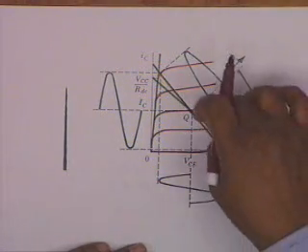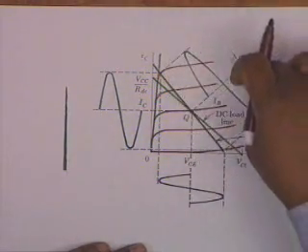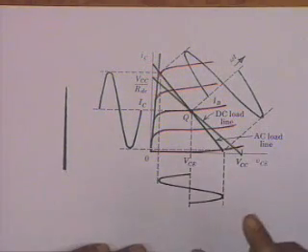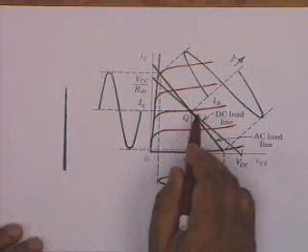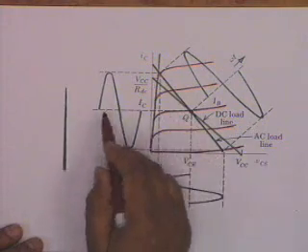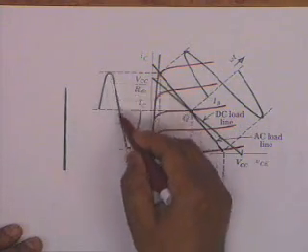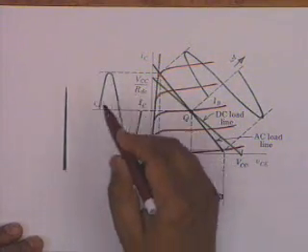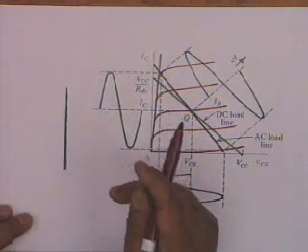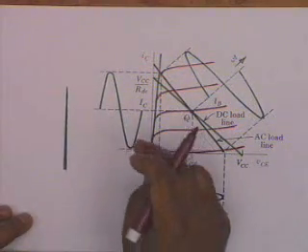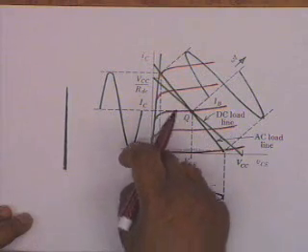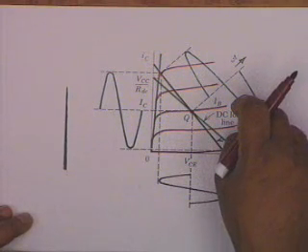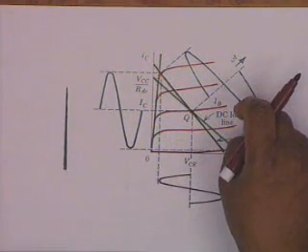So the base goes through a complete cycle. The collector current similarly goes through one complete cycle. The collector current, as I had indicated on an earlier occasion, is in phase with the base current. When the base current is maximum, the collector current is also maximum.